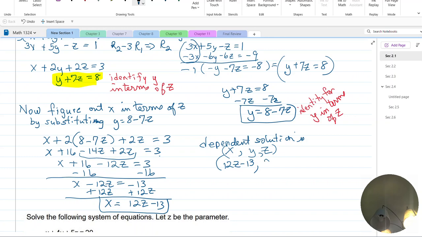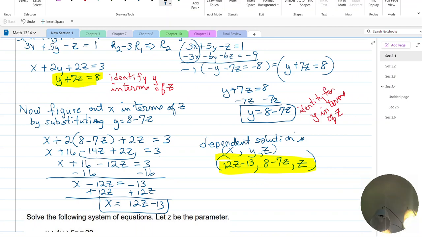For y, 8 minus 7z. And my independent variable is z. And this is my dependent solution. Should I enter it in the computer? Is everybody comfortable with that?